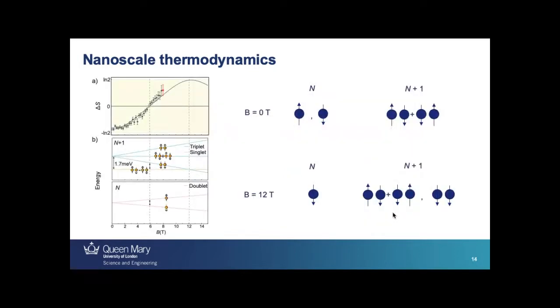And now to explain this, we have to think about what happens when you apply a magnetic field, and what happens with the spins in your system. As I said earlier, because this is a free radical, in its neutral state you have one unpaired electron, and then if you add one extra electron, they pair up. So in the N charge state, the neutral charge state, you have one electron which can be spin up or spin down.